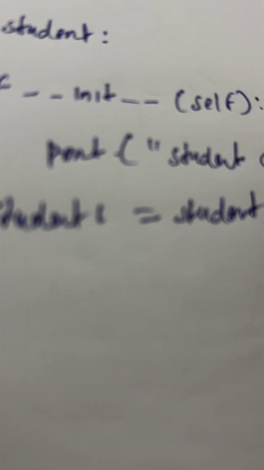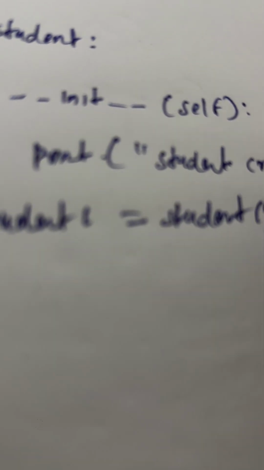Now we are going to learn about attributes, or variables. Def __init__(self, name, age): self.name = name, self.age = age. Student1 = Student(Rahul, 20). Print student1.name, print student1.age. Self.name will give Rahul and self.age equals 20.